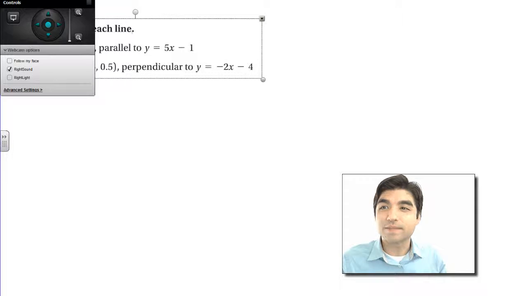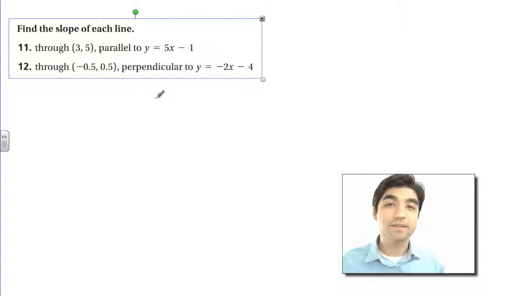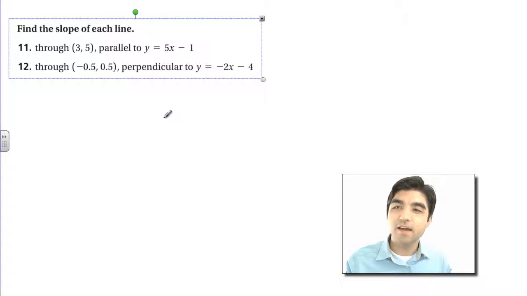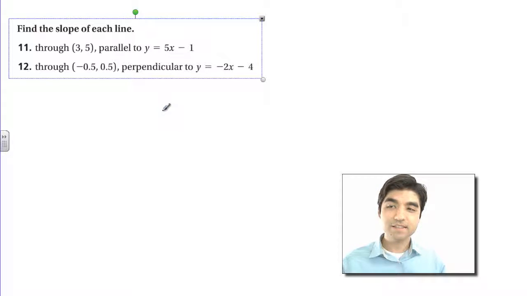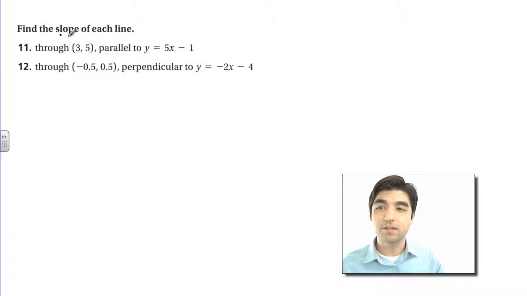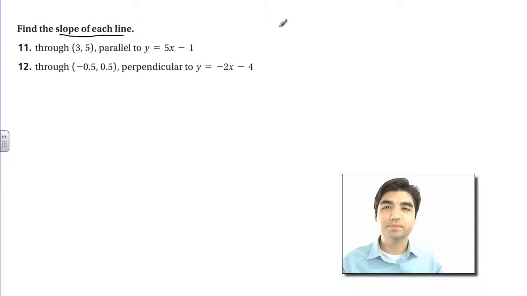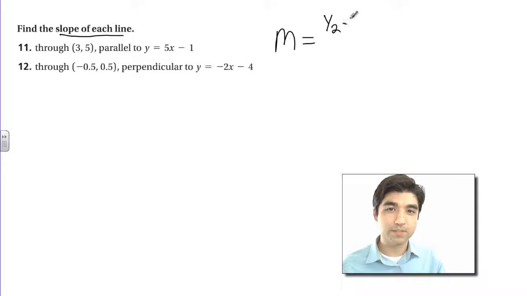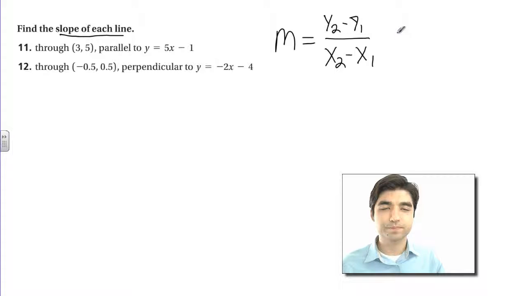Okay, so this is problems 11 and 12 on the chapter 2 practice test, and it asks us to find the slope of each line. First thing that you need to know about slope, always, is that slope equals y2 minus y1 all over x2 minus x1.